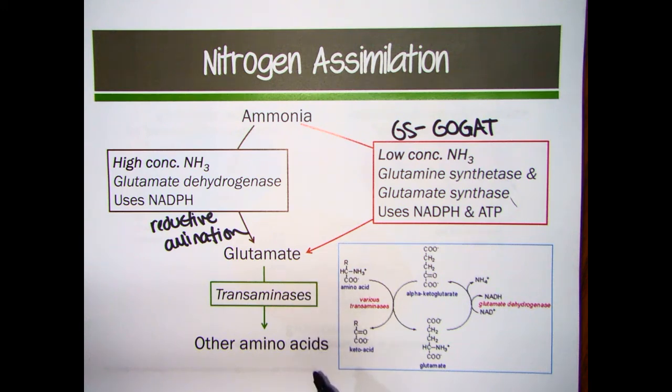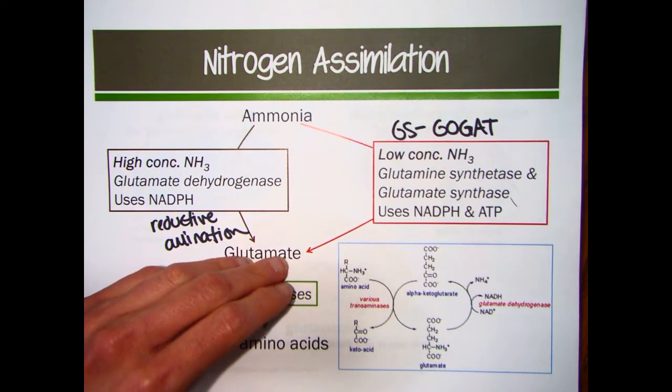I think I told you guys in a previous video that every amino acid has its own transaminase. I have since learned that that is not exactly the case. So there are groups of related amino acids, and each group of amino acids will have its own transaminase, but every single amino acid will not. So that was not totally correct. Every group of amino acids will have its own transaminase.